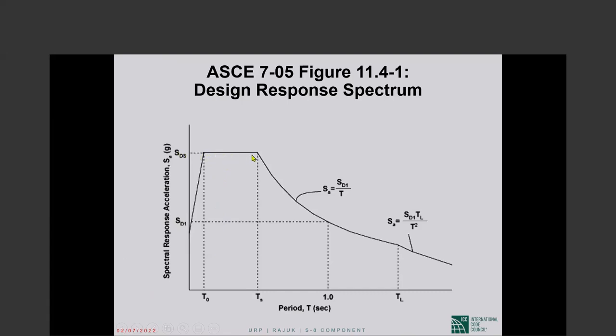So it has a flat top, a descending branch, which is defined by S sub D1, the ordinate to the spectrum at a period of 1.0 second. And then the descending branch ends at a long period, transition period, as it is called, T sub L. And then the remainder of the spectrum varies with 1 over T squared.